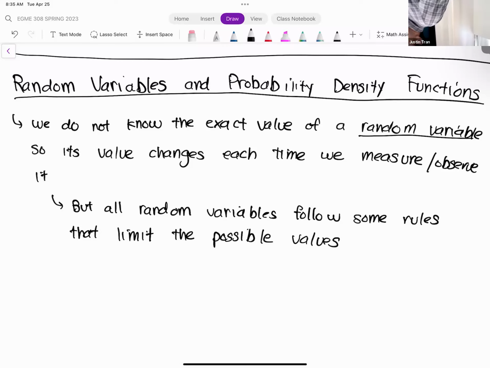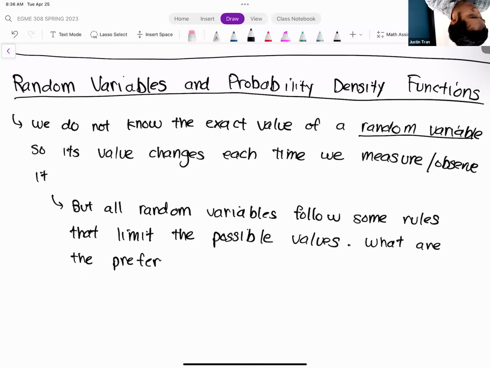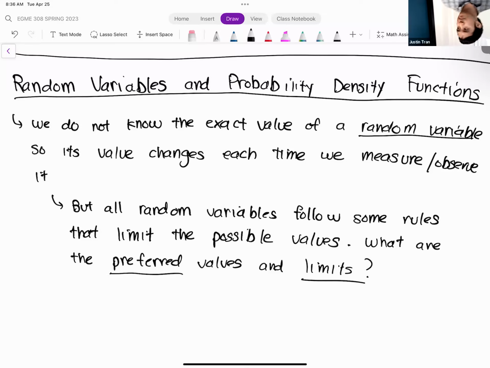This leads us to a need to describe these random variables in a particular way. We recognize that with random variables, the values can change every time that we measure them. But we want to see what some preferred values are, and what the overall bounds are.